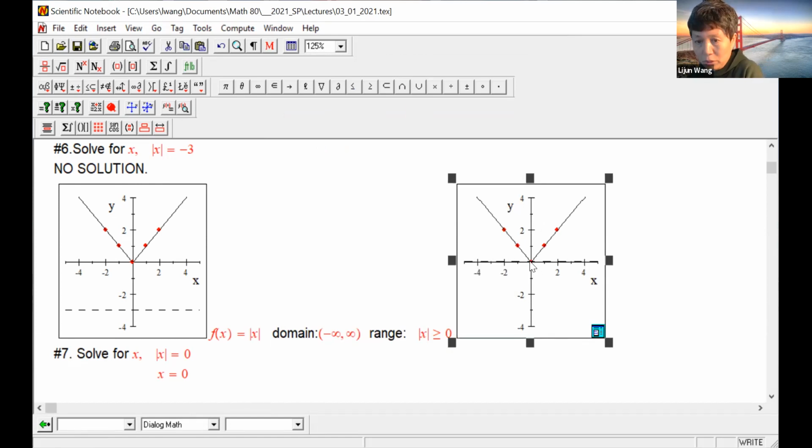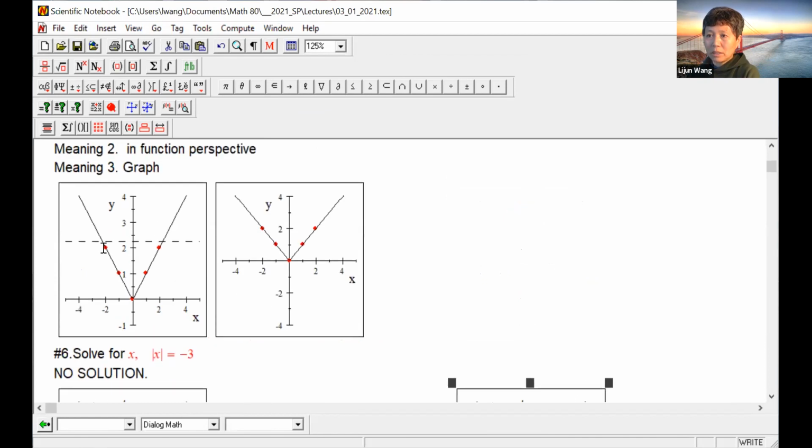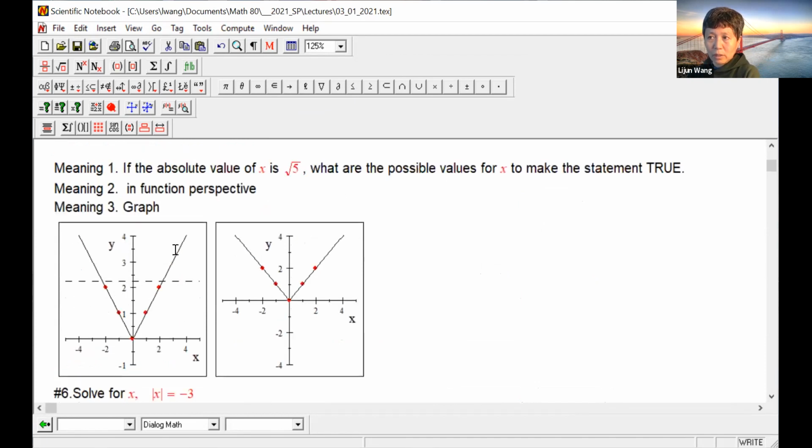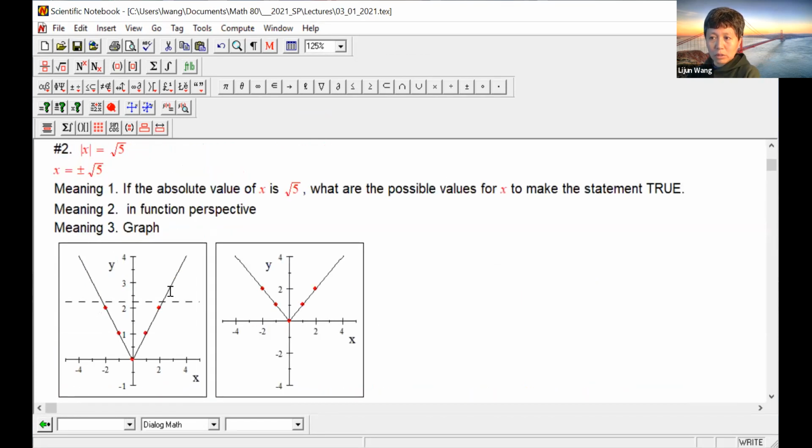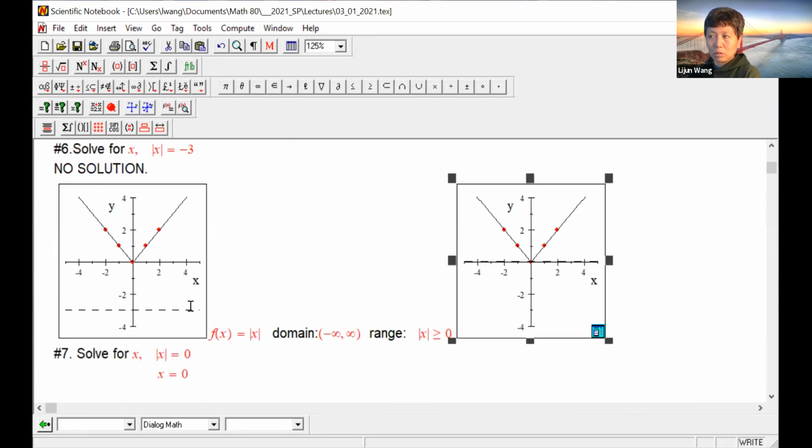So for that input, the output is 0. It touched it only once. And in the other situation, how many times does it touch? Touch twice. You see, in the root 5, it touched twice. At 3, it touched twice. You follow me? Touch twice, 2 solutions. No touch, no solution. One touch, one solution. Got it?